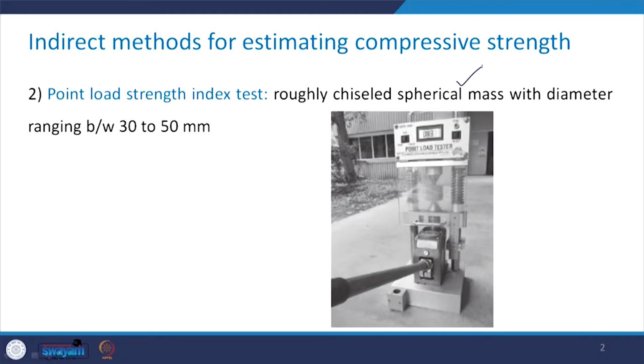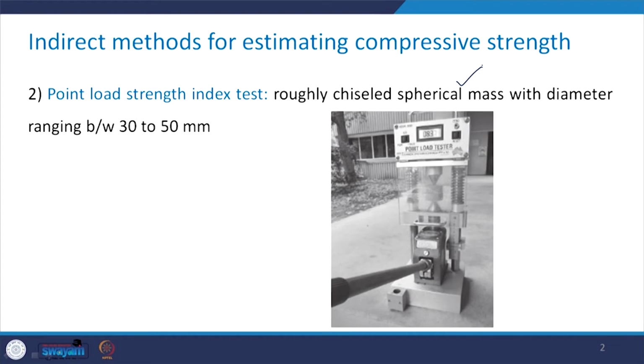I already mentioned that whenever you have sharp edges, which you can have in an irregular specimen, as I showed you in earlier classes, we need to give light blows of a hammer and simply smoothen them out. Roughly, in the point load strength index test, we need to get this spherical mass, and the diameter can range between 30 and 50.